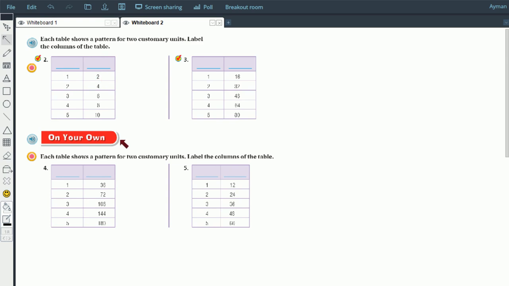For example, like what? Like cups and what? Solve it, Majid. Solve it, Qusay. Any one of you.